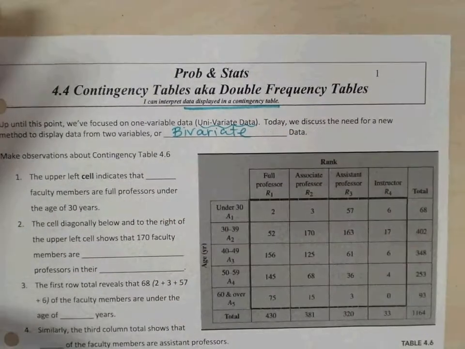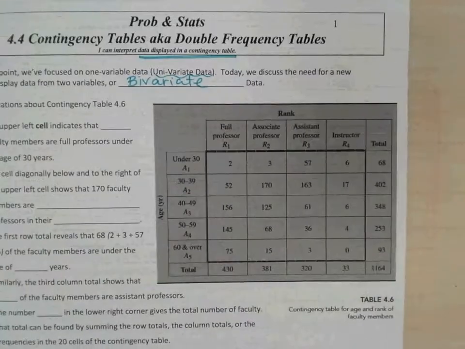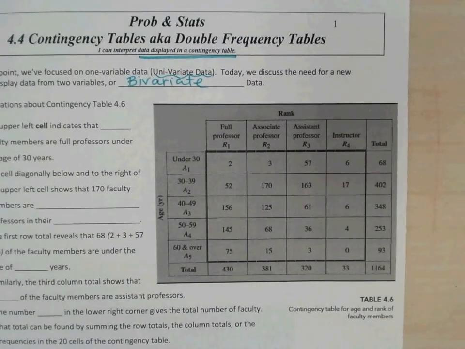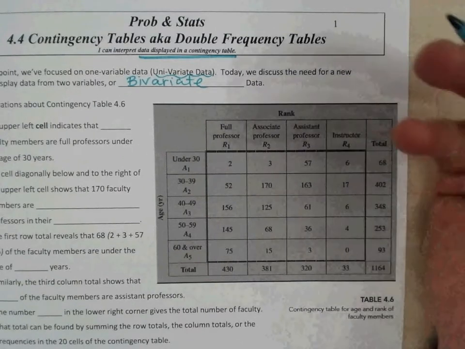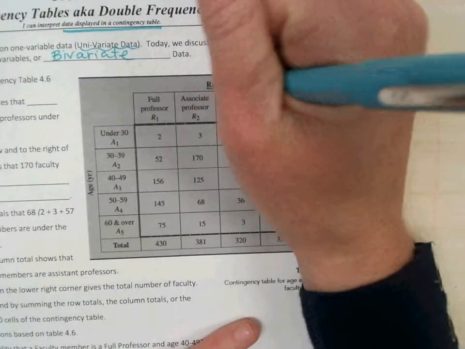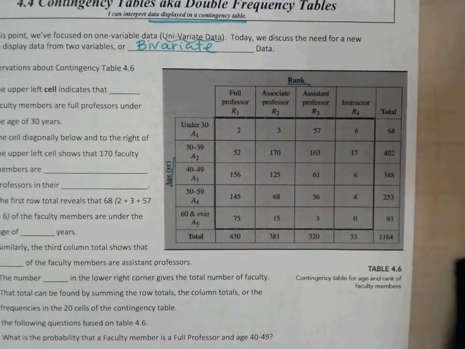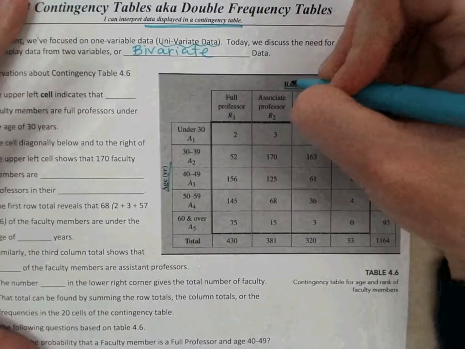So we're just going to make some observations around this table. This table is all about the rank and the age of professors at a particular college or university. Each one of these is called a variable.